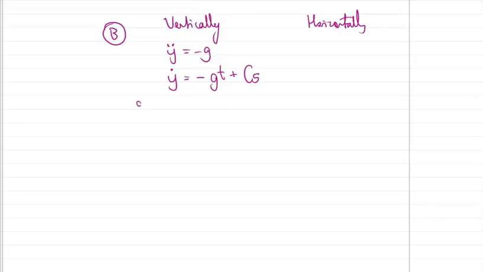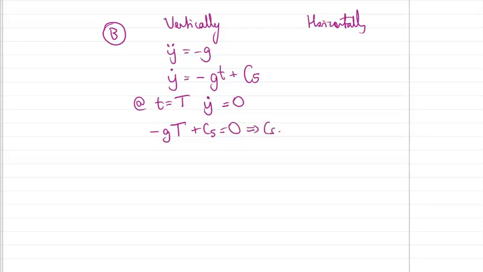Now, at t equals T, y dot equals 0. Therefore, minus gT plus C5 equals 0.